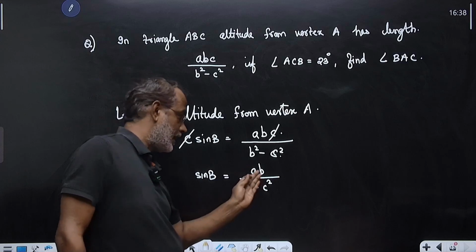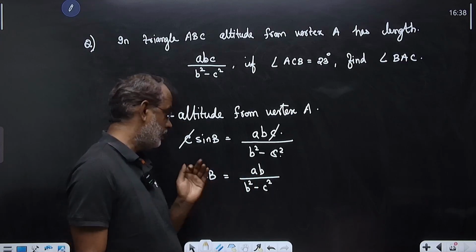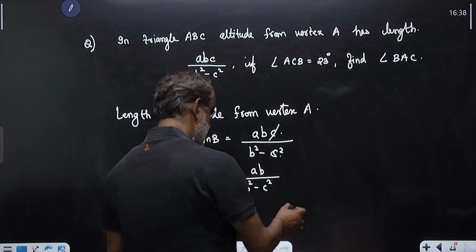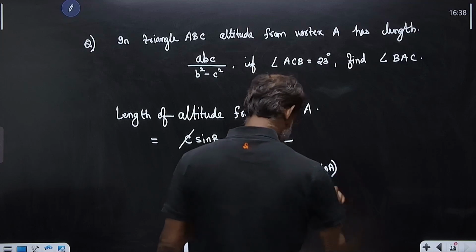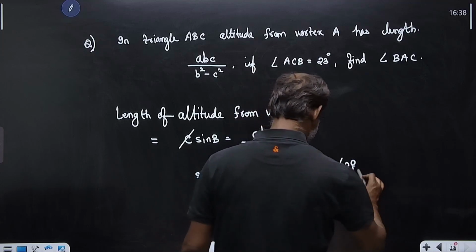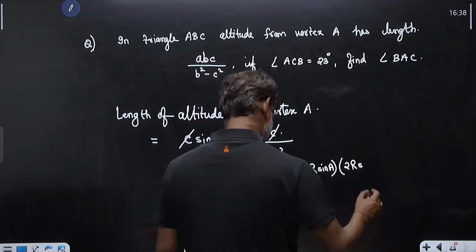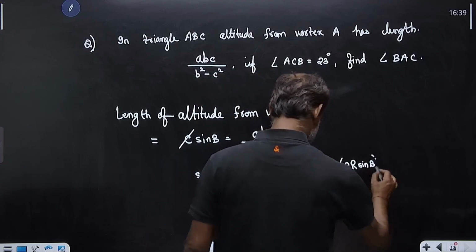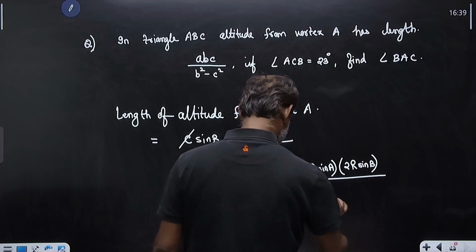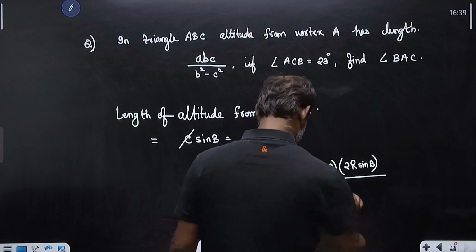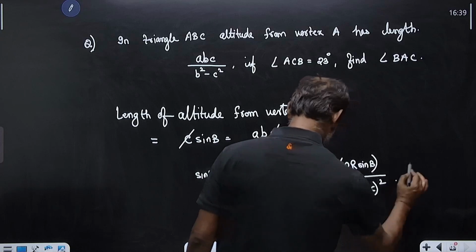Either we change this as a is 2r sin A, b is 2r sin B, upon 2r sin B whole square minus 2r sin C whole square.